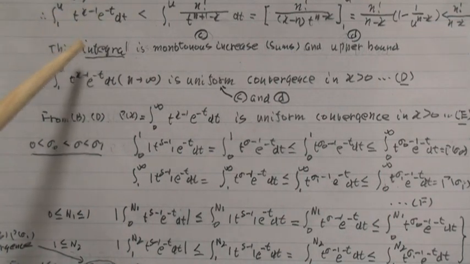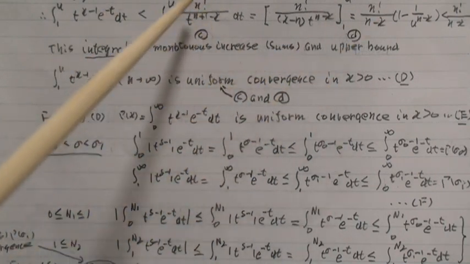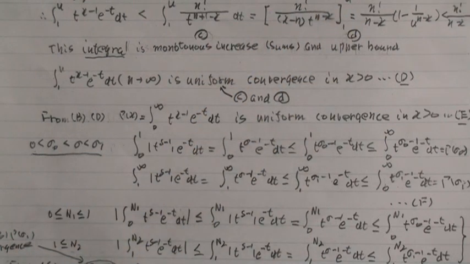And this integral is monotonically increasing and has an upper bound. And then the integral from 1 to u of t^(x−1) e^(−t) dt as u goes to infinity is uniformly convergent, from C and D, circle C, circle D, and x is positive.